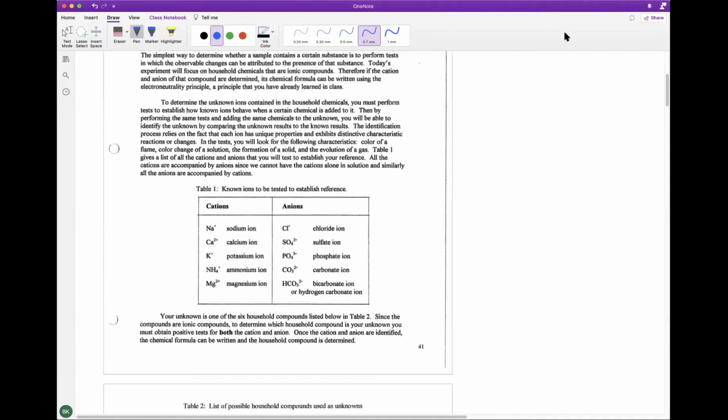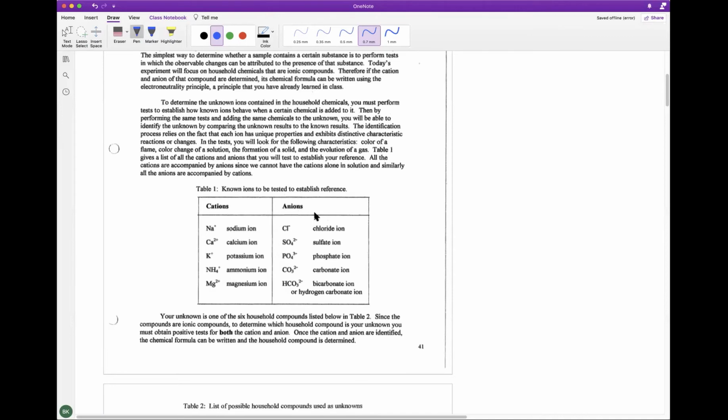For this lab, we have specific tests that will show us if we have the presence of specific ions in our solution. We're going to have a test for sodium, a test for calcium, a test for potassium. All of these cations will have their own unique test that will give us a result that says, yes, this particular ion is part of the solution we have.